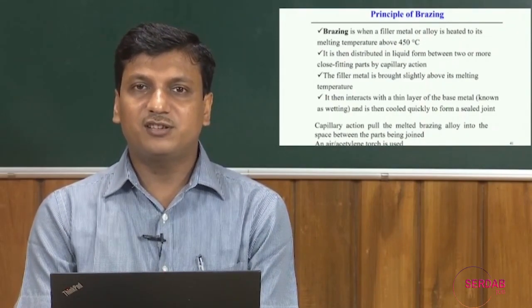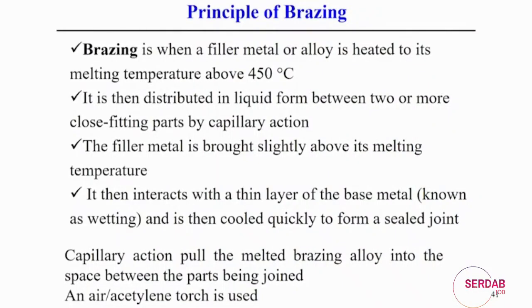First, we will discuss the principle of the brazing process. We already know that brazing is the process when a filler material or alloy is heated to its melting point temperature, and that temperature should be above 450 degrees centigrade. Then what happens?